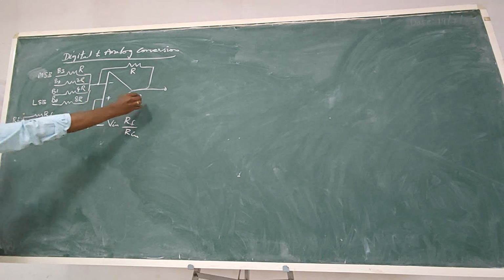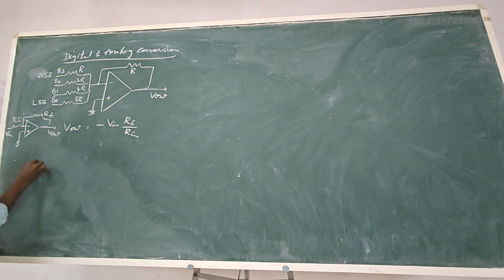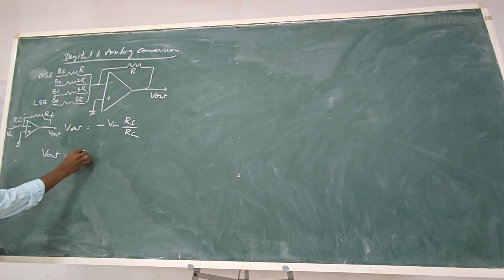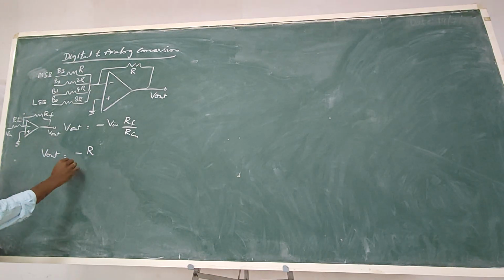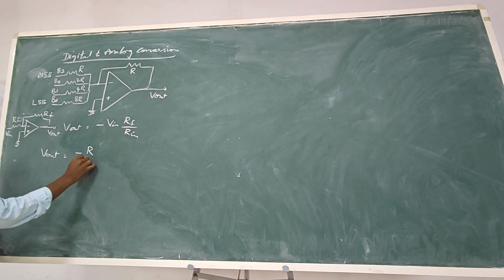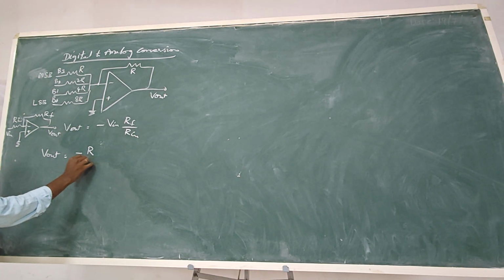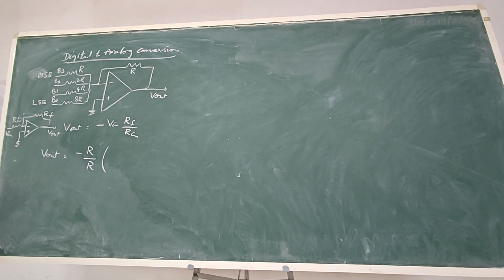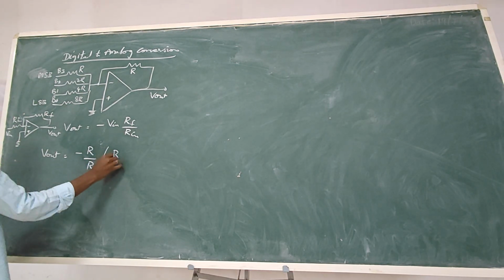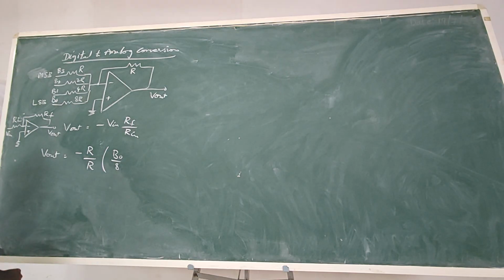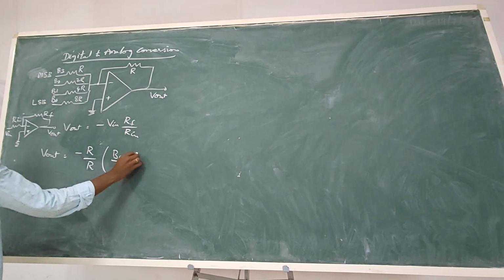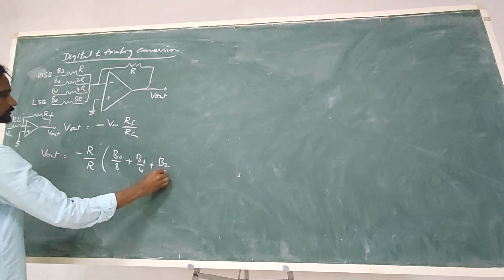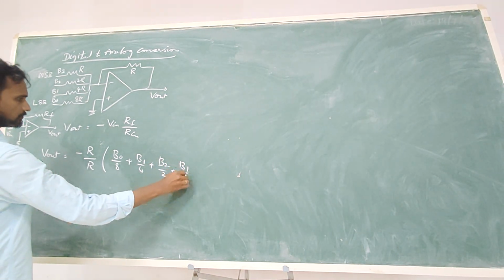So here the V out is given by minus V0 by R times B0 by 8 plus B1 by 4 plus B2 by 2 plus B3 by 1.